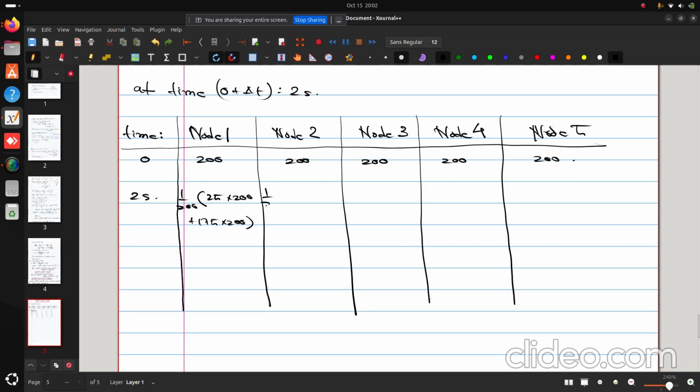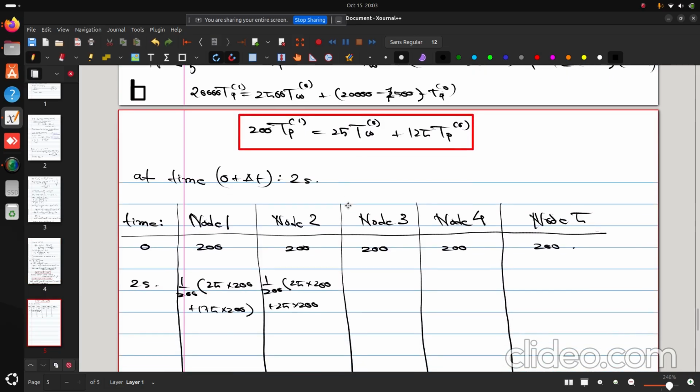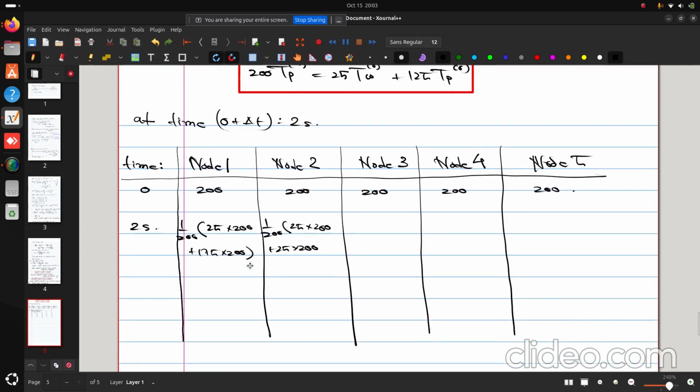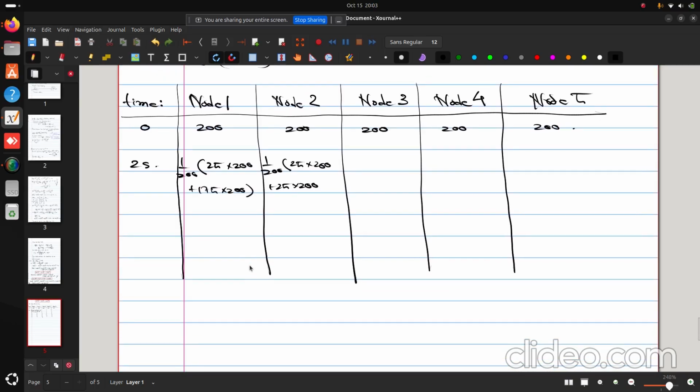Similarly for node 2 it will be 1 by 200 times 25 times 200 plus 25 times 200 plus 150 times 200. Same thing here.